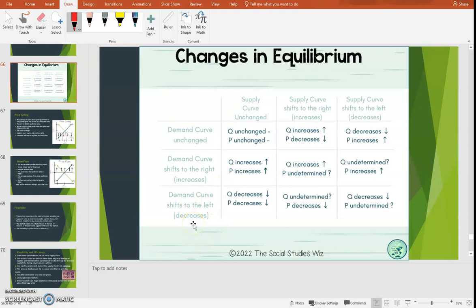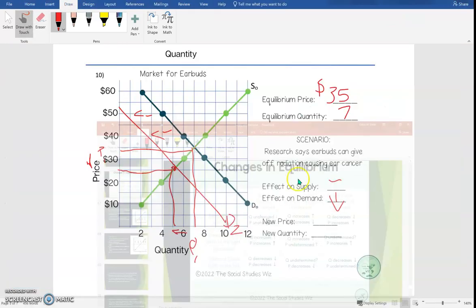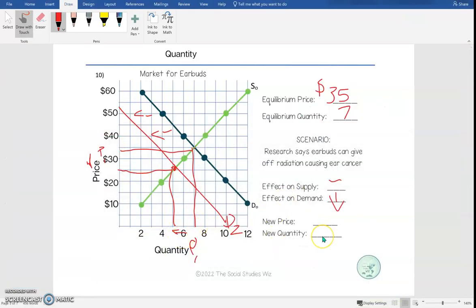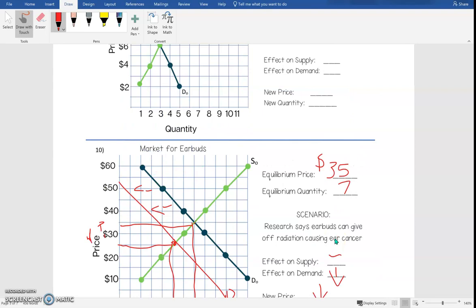It decreases. Supply curve is unchanged. Quantity decreased, price decreased. Is that what we found? That's what we found. Our new price goes down. Our new quantity also goes down. Remember, I don't want to see numbers in this area. I need to see arrows or question marks.